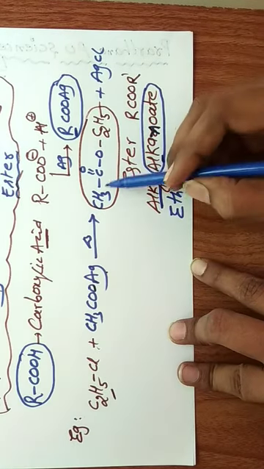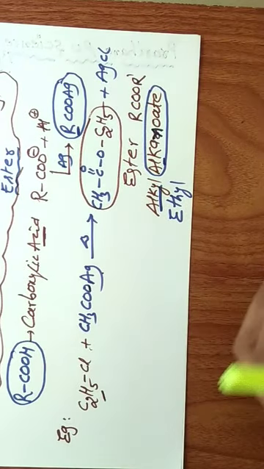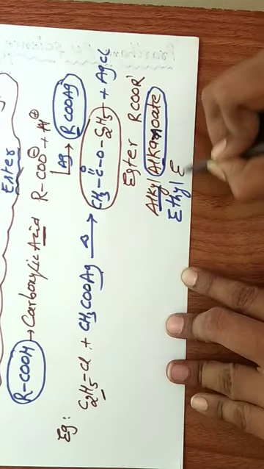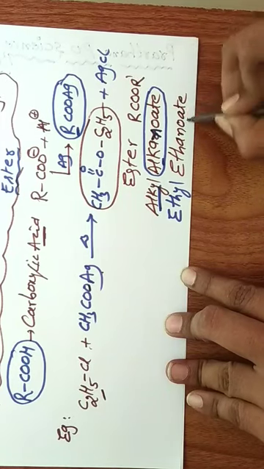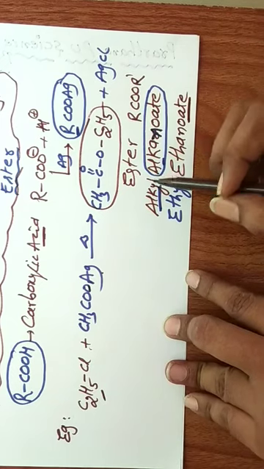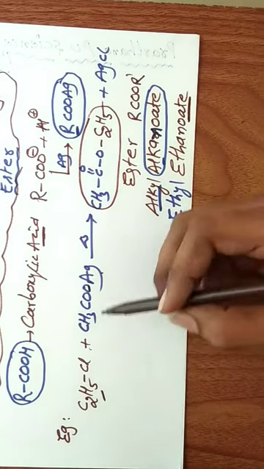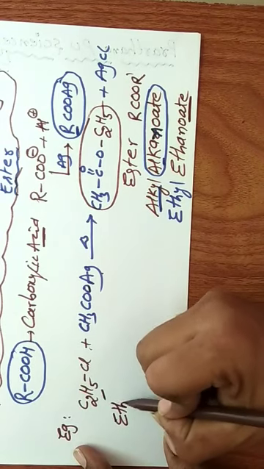Alk means the remaining carbon atoms; how many are there? Two carbons, so that is ethanoate. The ending -oate is applicable to esters. So this is the example for this reaction. What is the name of this one? Ethyl chloride.